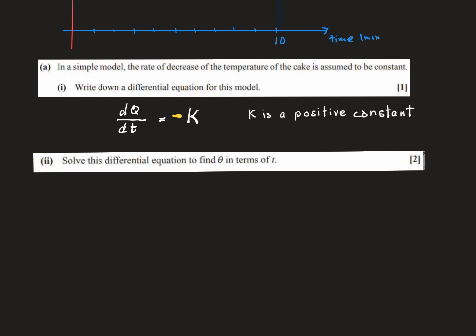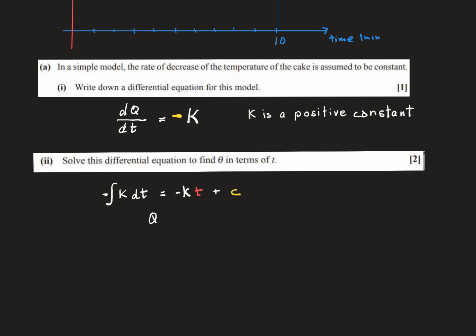Now if we want to solve this differential equation to find theta, we need to integrate that gradient in terms of t. Integrating minus k, and we'll put the k in minus in front, with respect to t, we'll get minus k t plus the constant of integration, which is c.